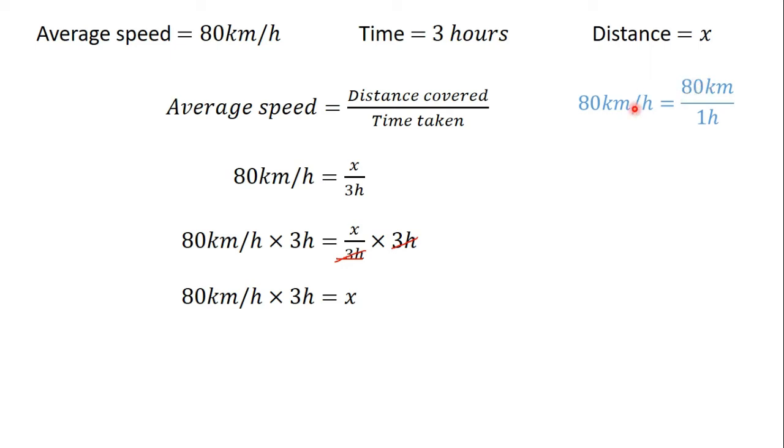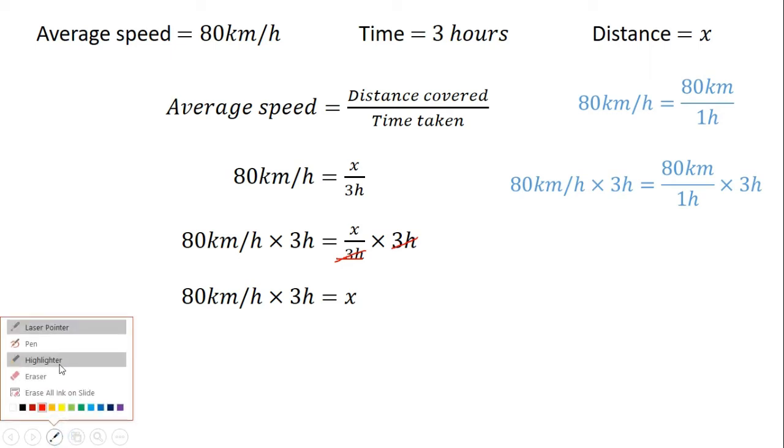If 80 kilometers per hour can be written as 80 kilometers divided by 1 hour, then 80 kilometers per hour times 3 hours can be written as 80 kilometers divided by 1 hour times 3 hours.